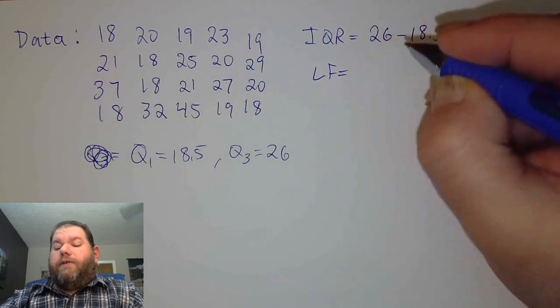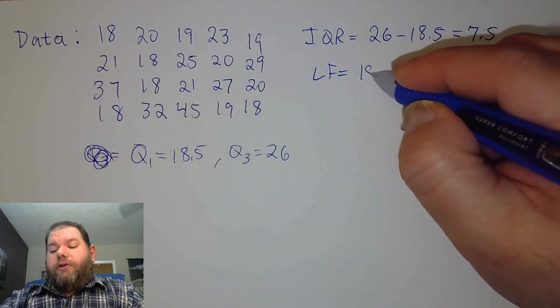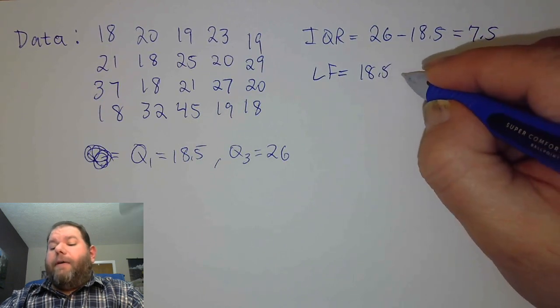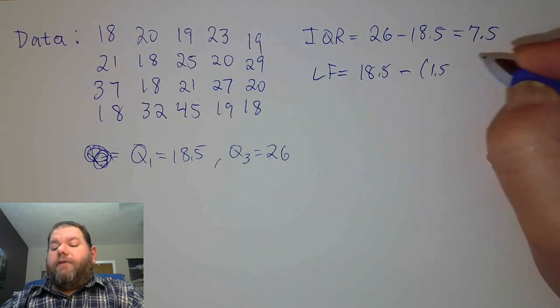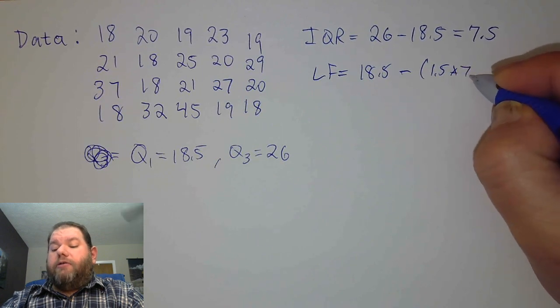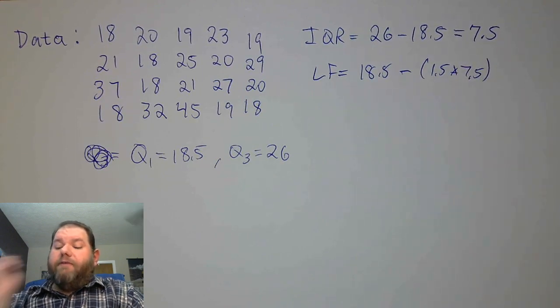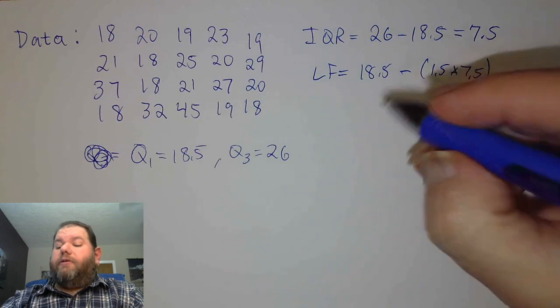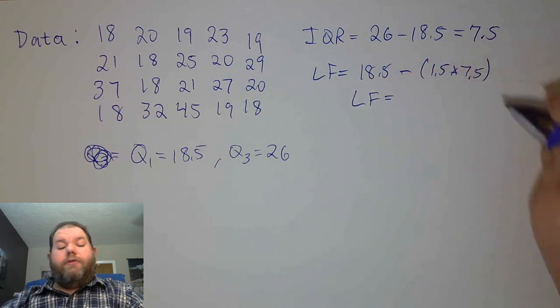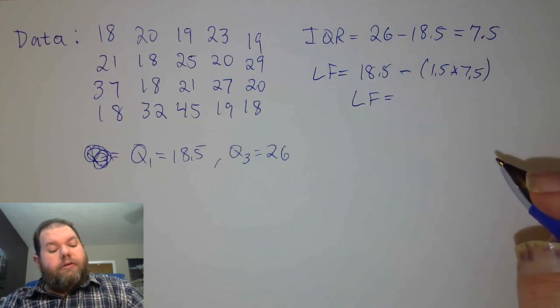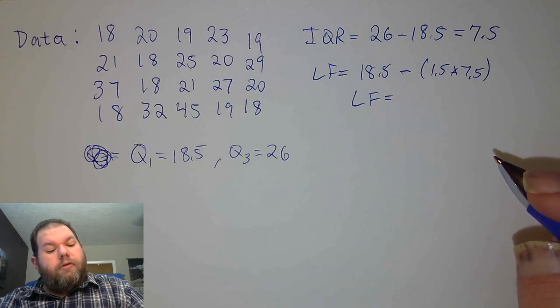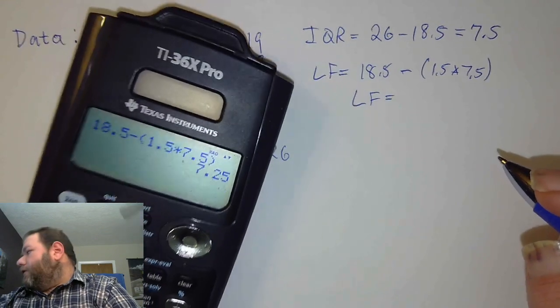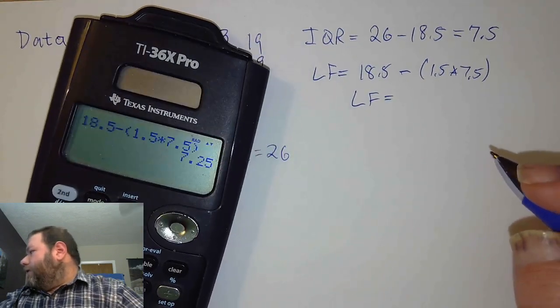Next, we want our lower fence, which is Q1, 18.5, minus 1.5 times the IQR, 7.5. So we fill in those values. Our lower fence is equal to, for that I get a value of 7.25.